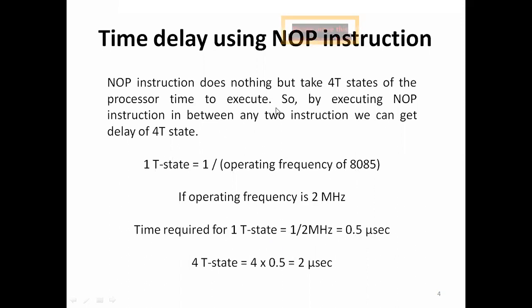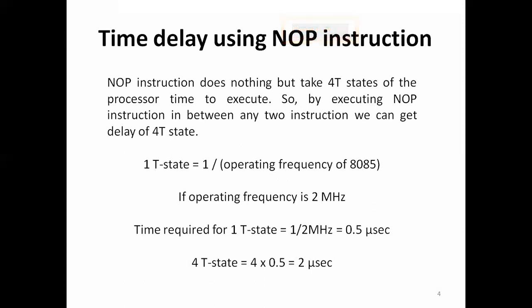So if NOP is consuming 4 T states, it means 4 into 0.5, that will be 2 microseconds. So one NOP instruction will be consuming 2 microseconds for execution purpose, and it does nothing. So it is creating a delay of 2 microseconds while executing your program.